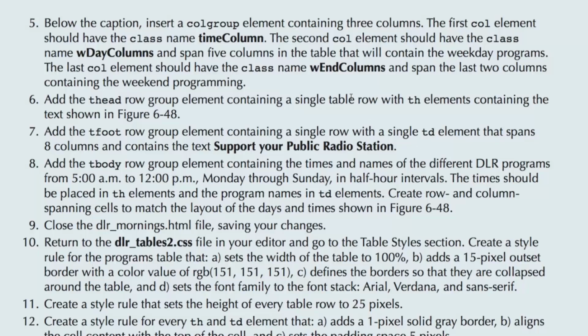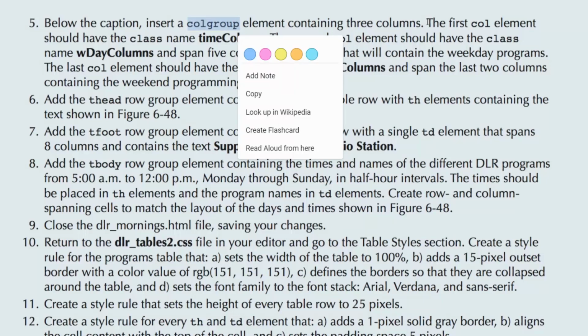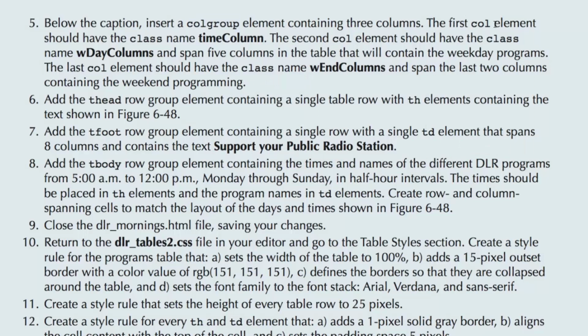In step 5 now, below the caption, we're going to insert a colgroup element containing 3 columns. The first col element inside of the colgroup will be given a class name of time column. The second col element will have the class name of weekday columns, and it'll span 5 columns within our table.